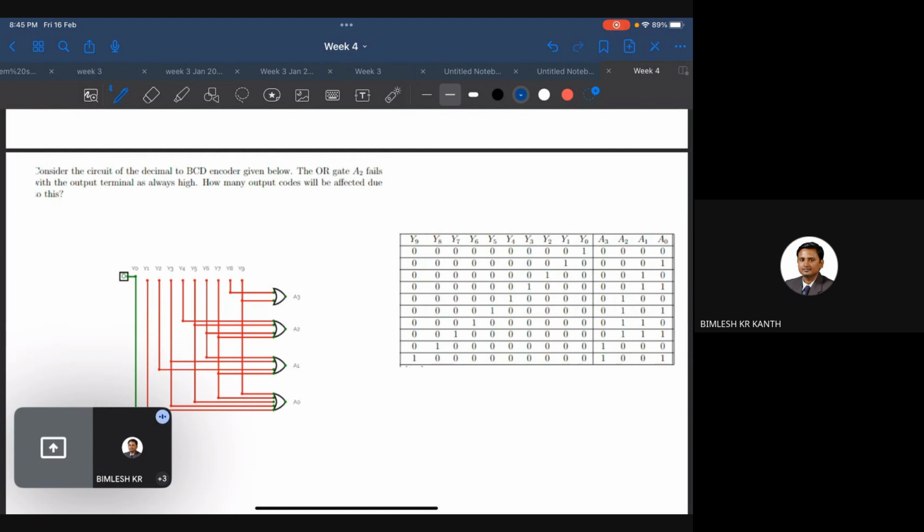Then what output will come from A2? It will be nothing. So whatever we are sending to A2, nothing will come out of it.